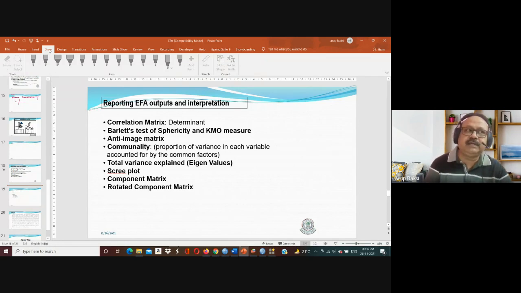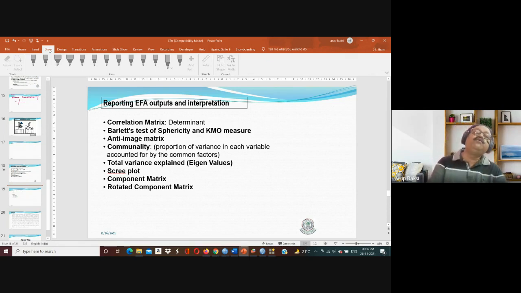The reviewers of the paper will only focus on your output for the confirmatory factor analysis, the goodness of fit indices, etc., and the validity measures.